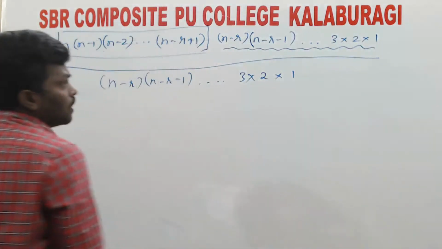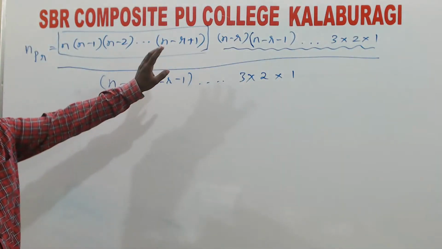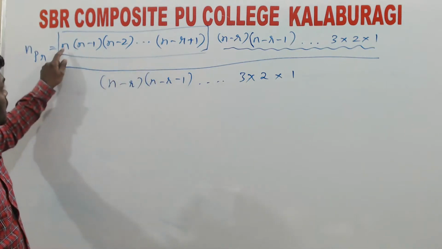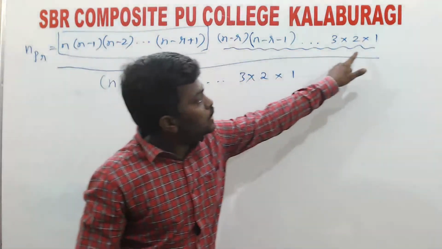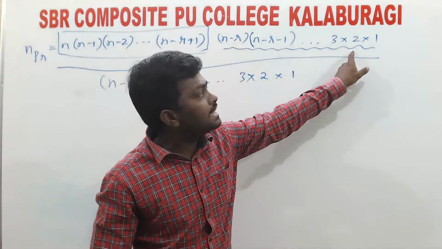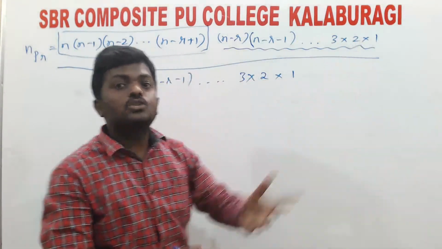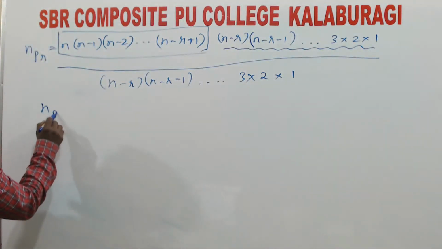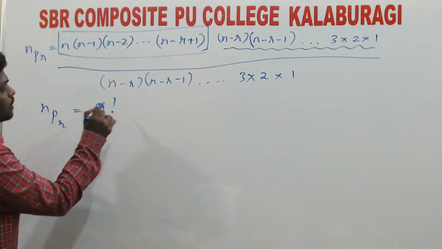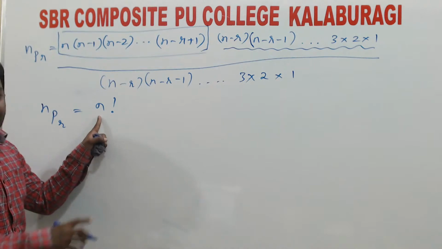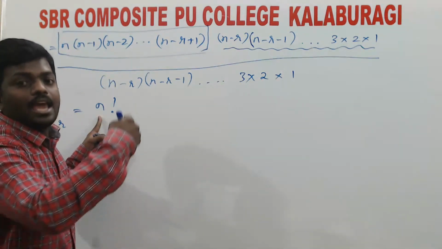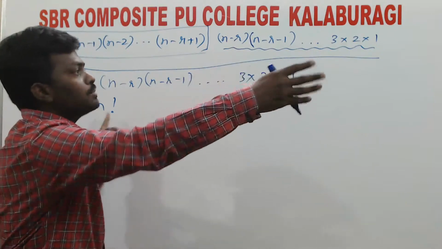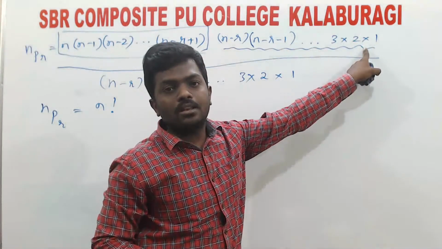Now you can see in the numerator, it starts with n and ends at 3 into 2 into 1. So this is nothing but n factorial: n, n minus 1, n minus 2, n minus 3, and so on up to 3 into 2 into 1.